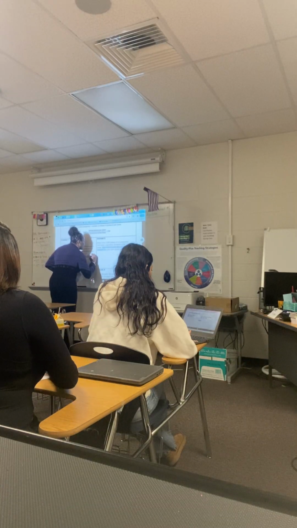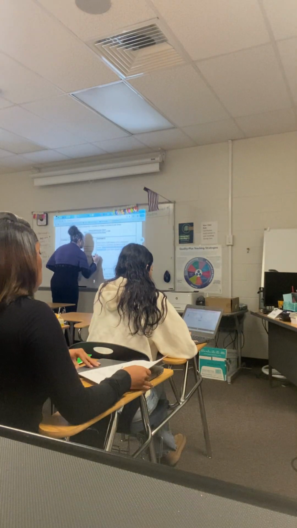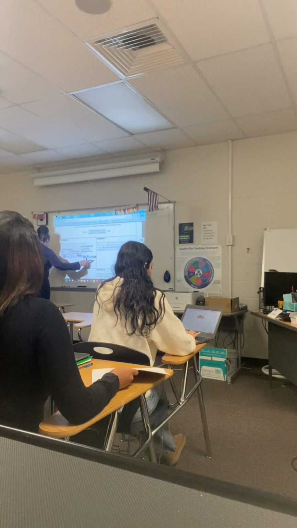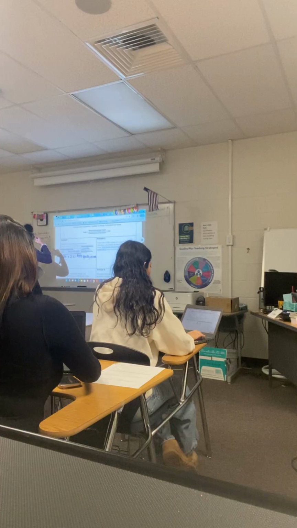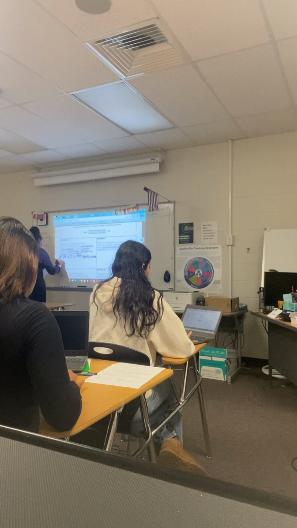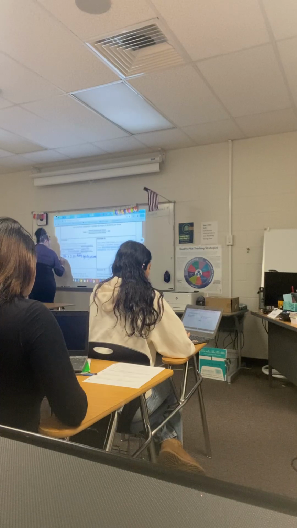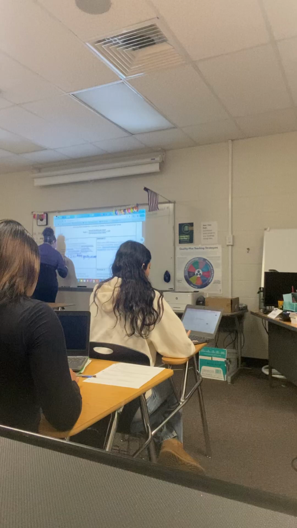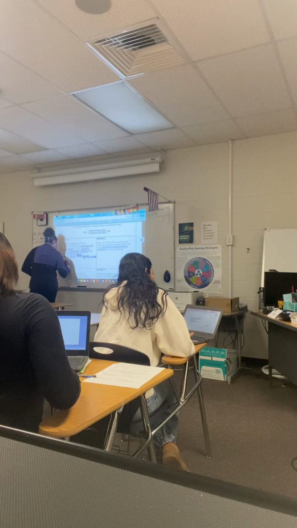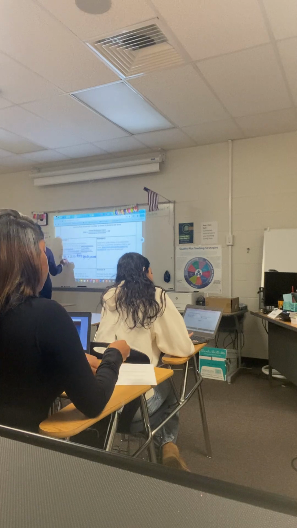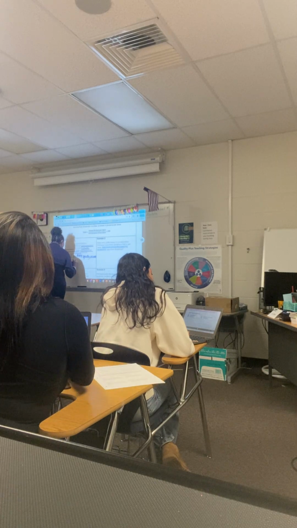Now I'm going to go back to my question. My question is asking for the quarterly income. So now that I have the yearly income, I need to divide it by 4. I'm going to take that 1,491 and divide it by 4, because it's quarterly and I need to know the quarterly income.